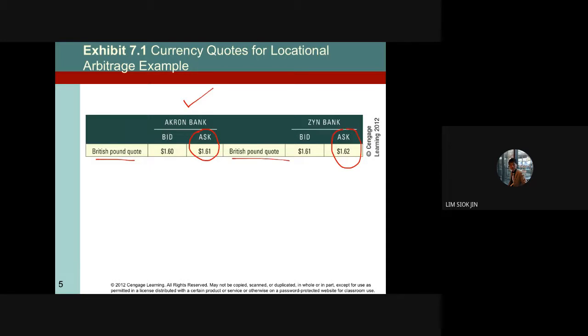And even if you buy from Akron Bank, there will be no loss, because if you buy and you don't want it anymore, you can go to Zin Bank and sell it back at 1.61. So if you buy at 1.61 and you sell at 1.61, there is actually no loss.